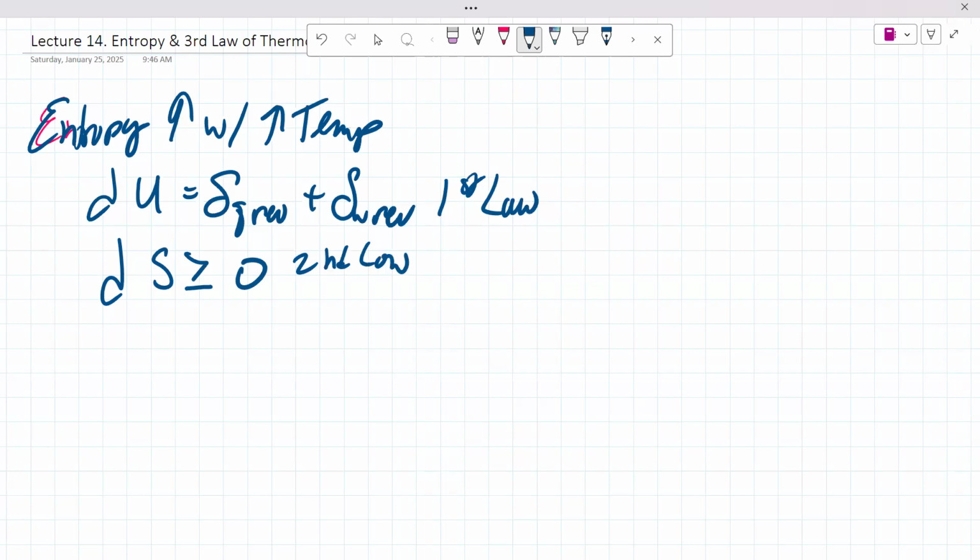And now, S at 0 Kelvin equals 0. This is the third law of thermo.